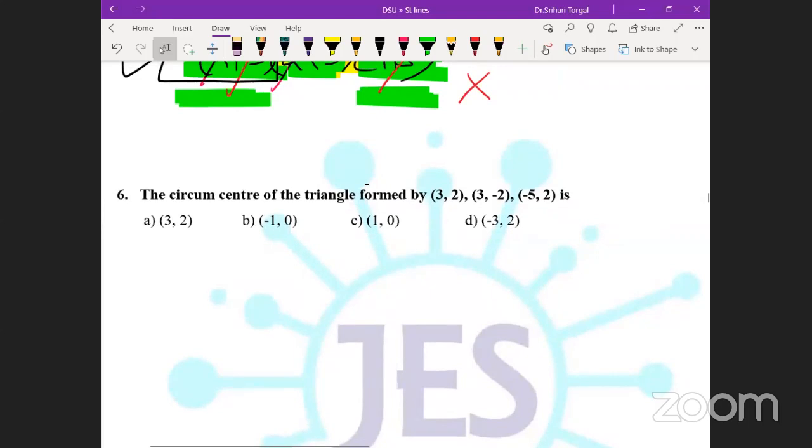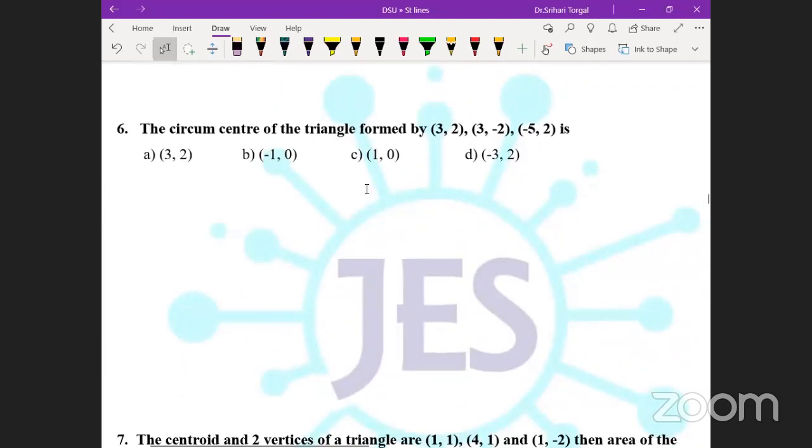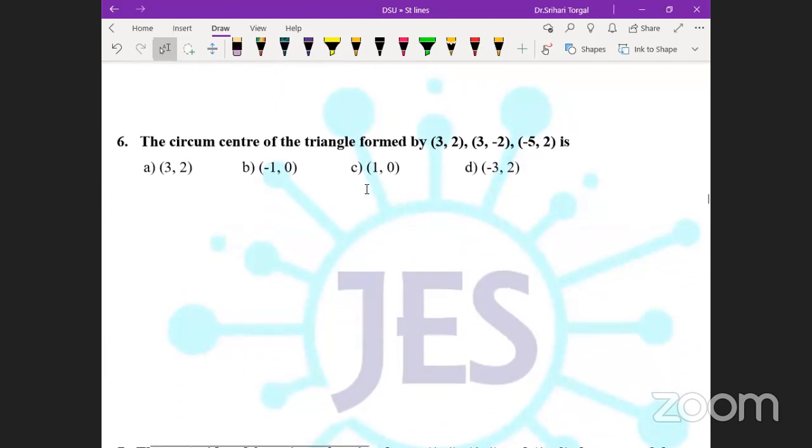Centroid, sorry, circumcenter. Question number 6. The circumcenter of the triangle formed by 3, 2, 3, -2, -5, 2 is.